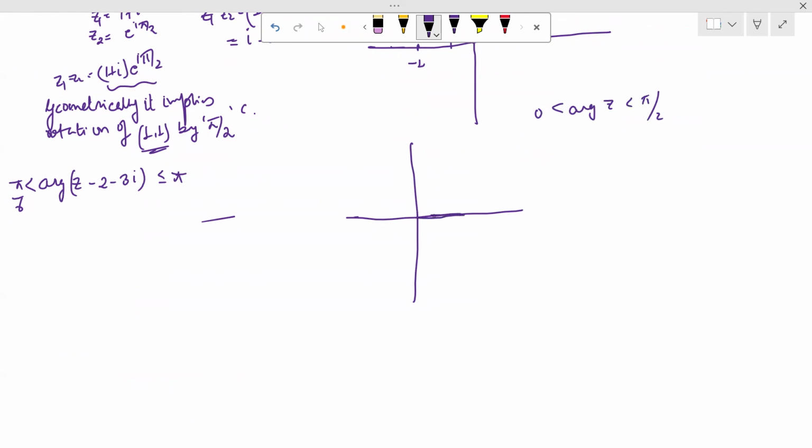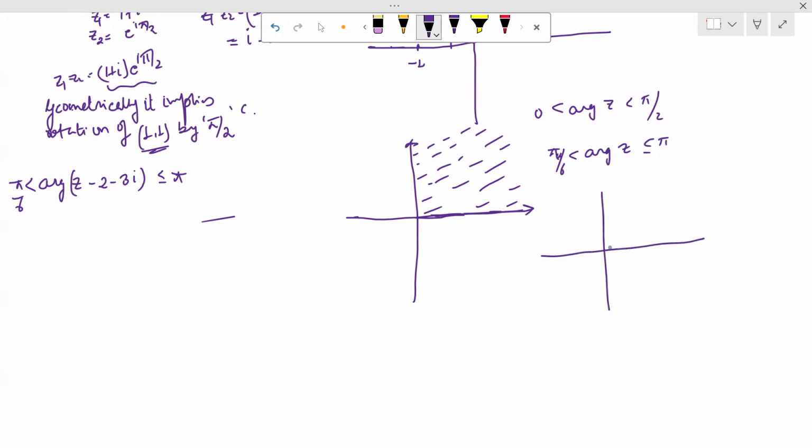It implies I'm talking of this particular region, right? Or had I written that argument of z lies between pi by 6 and pi, you would have written it this way: let's say this is your pi by 6 and then this is your pi. So argument of z lies between pi by 6 and pi means I'm talking of this region.